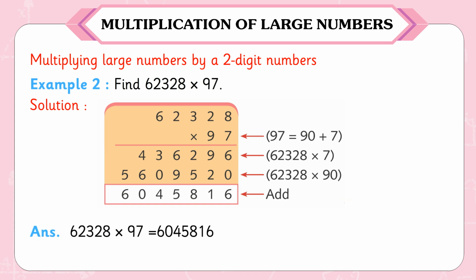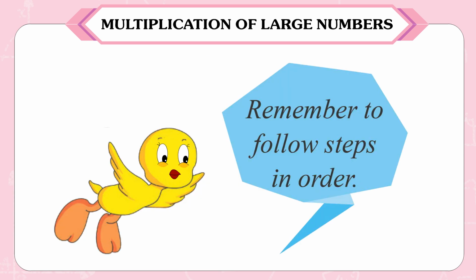Add. Answer: 62,328 into 97 is equal to 60,45,816. Remember to follow steps in order.